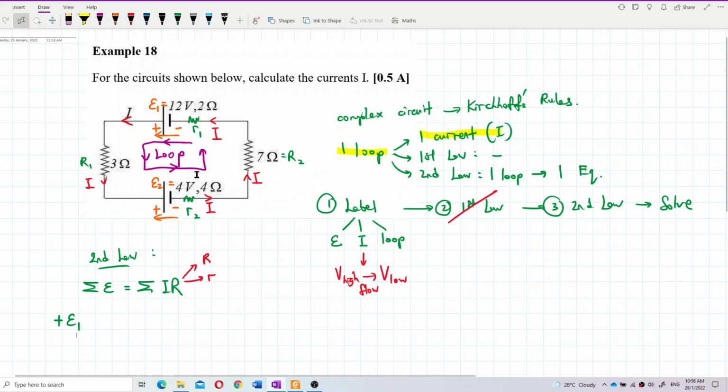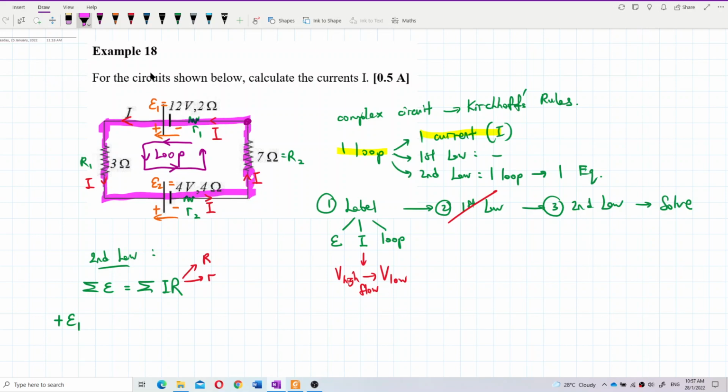The loop direction means you are traveling along the loop, in the anti-clockwise direction: go to the left, down, right, then up.